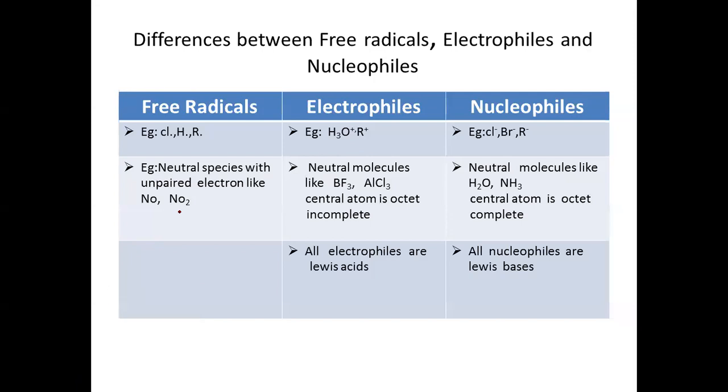When you come to the second category of examples, neutral species like NO or NO2 with a single electron are free radicals. Neutral molecules like BF3, AlCl3, where the central atom B or Al is octet incomplete, come under electrophiles, ready to accept the electrons.